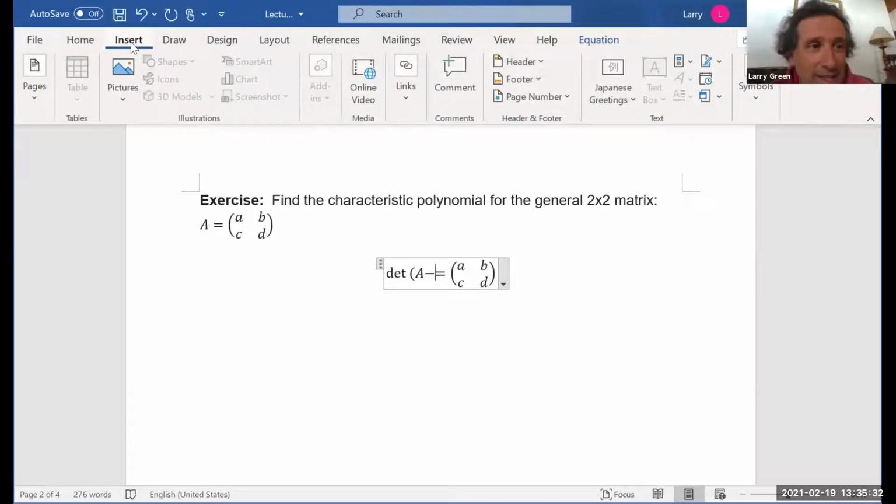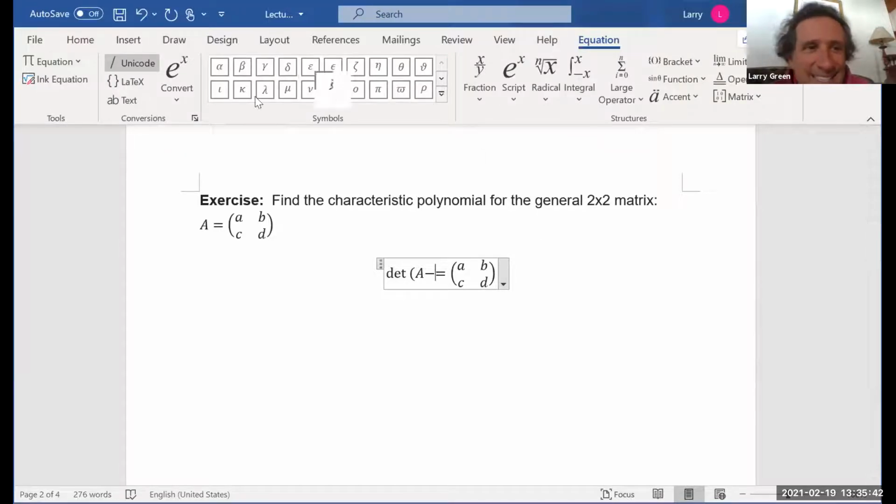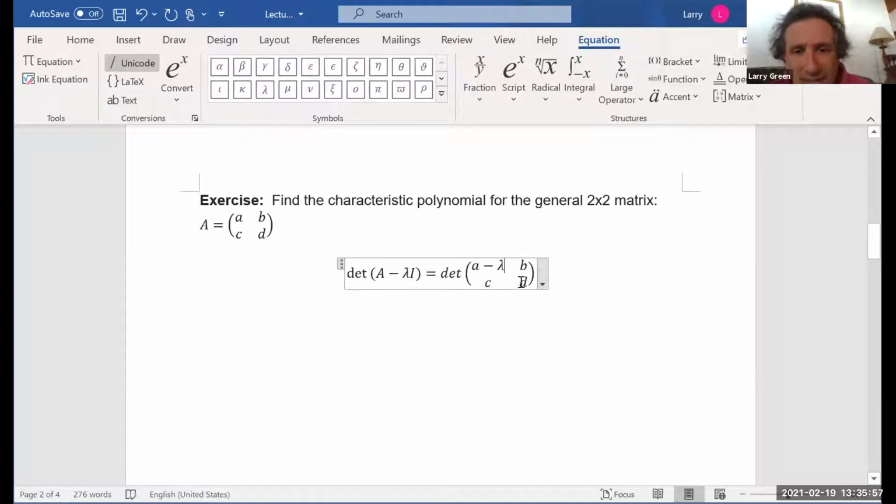I would never test you on it, but just in case you're interested. But if you write LAMB, I'm okay with that. So the determinant of A minus lambda I is equal to the determinant of the matrix with A minus lambda, B, C, D minus lambda.